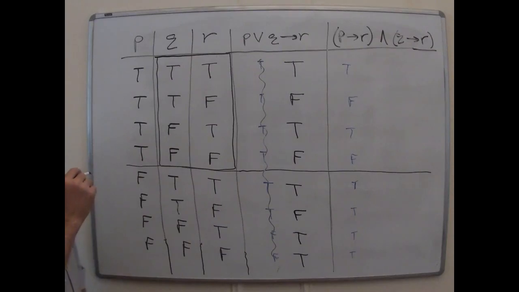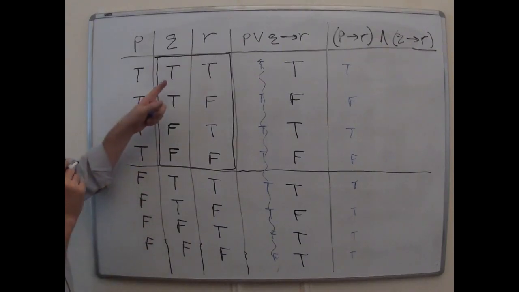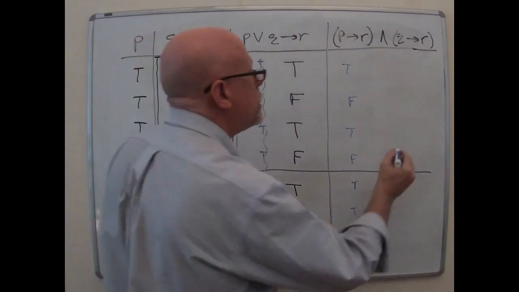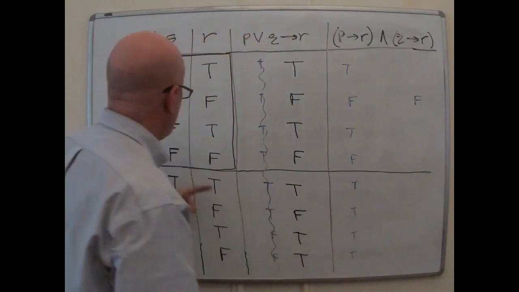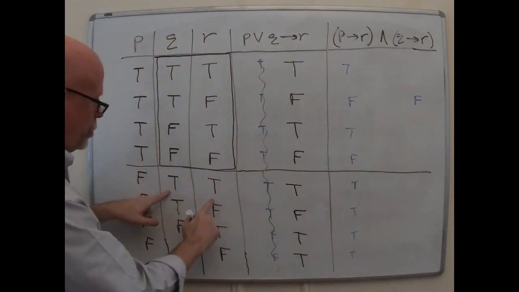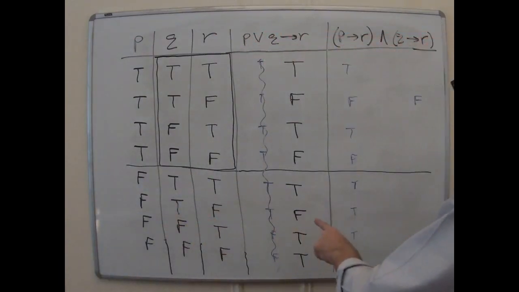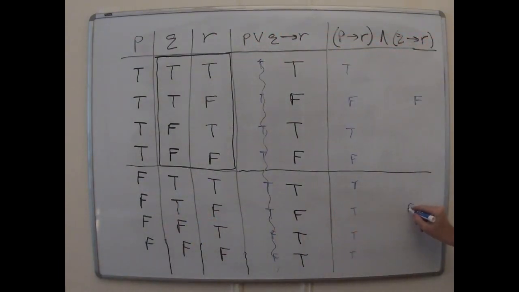Let's try the same analysis for Q implies R, the other half of that thing. Here's a spot where it's false. We've got true implies false. Here's another spot, that's row, I don't know what that is, 6. Anywhere else where Q is true and R is false?